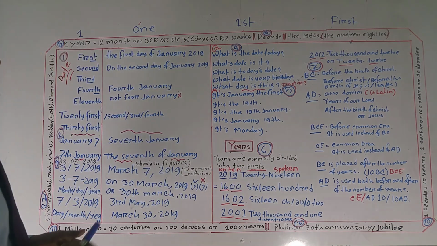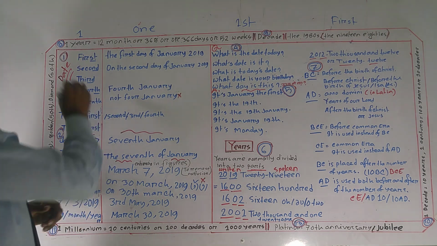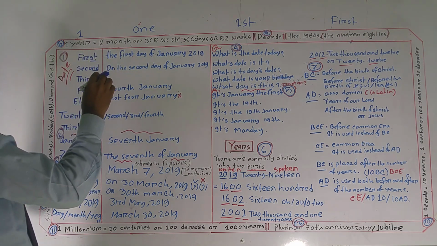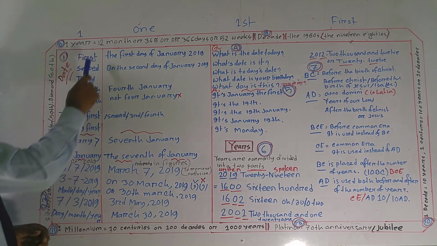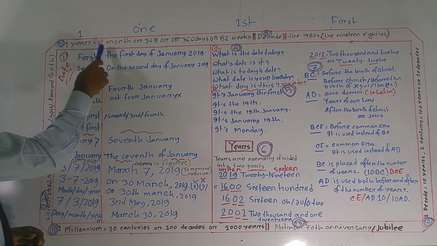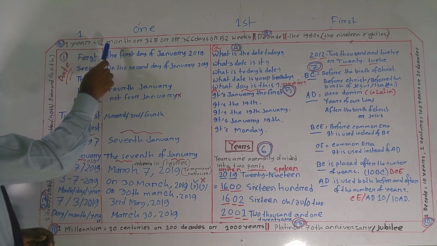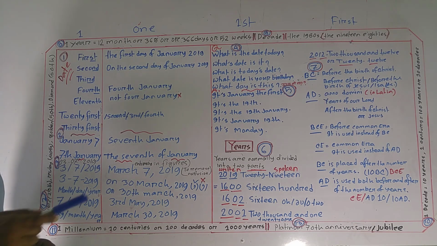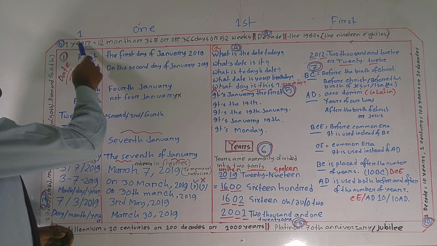Now I'm coming back. At number 8 here you will find 1 year. 1 year means 12 months. How many months are there in 1 year? There are 12 months in a year. How many days in a year?